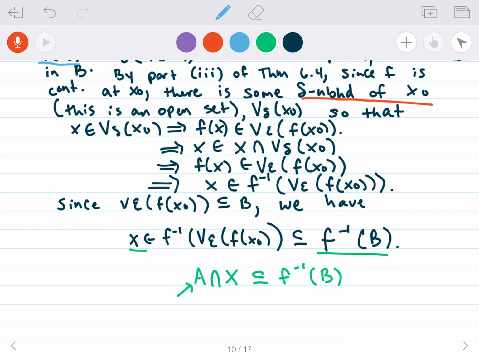A was that delta neighborhood centered at x naught.